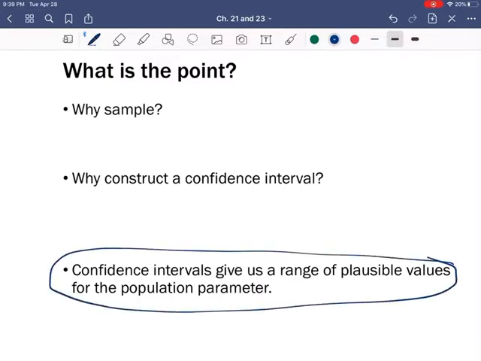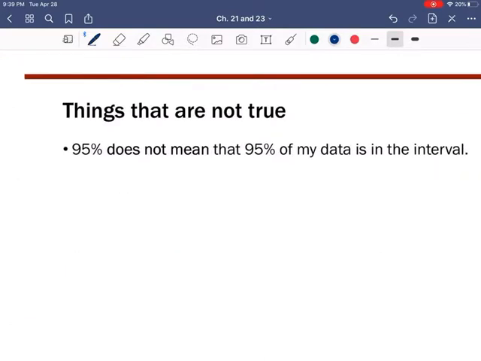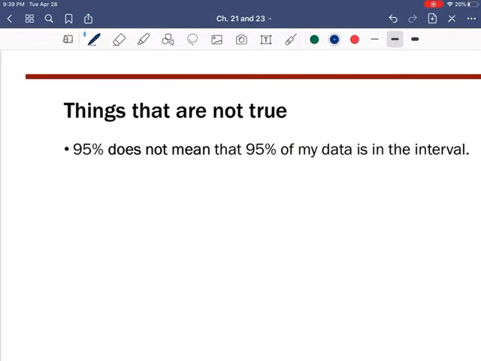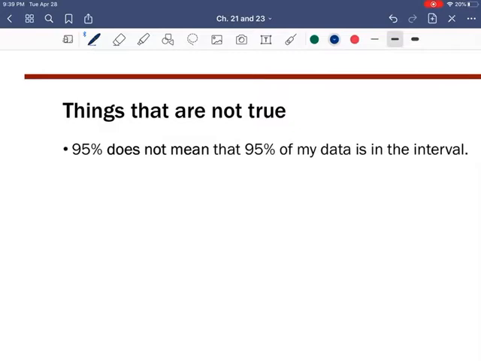Confidence intervals give us a plausible value for population parameters. Okay, as I said here, I talked about 95% just a little bit a couple slides ago. Let's keep talking about it. 95% does not mean that 95% of my data is in the interval.